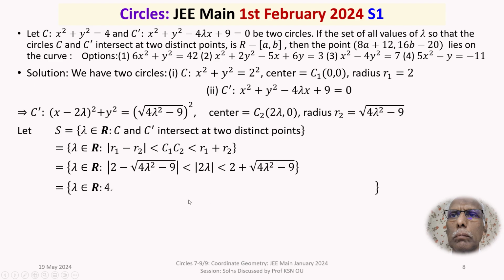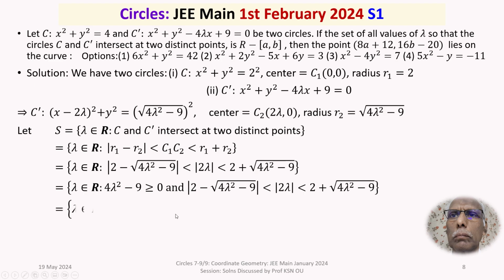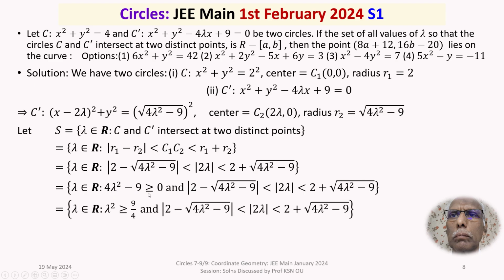And to make sense of the square root of 4 lambda square minus 9, the expression 4 lambda square minus 9 must be non-negative, that is greater than or equal to 0. Then it will be a real number. 4 lambda square minus 9 greater than or equal to 0 implies 4 lambda square greater than or equal to 9, so lambda square is greater than or equal to 9 by 4.